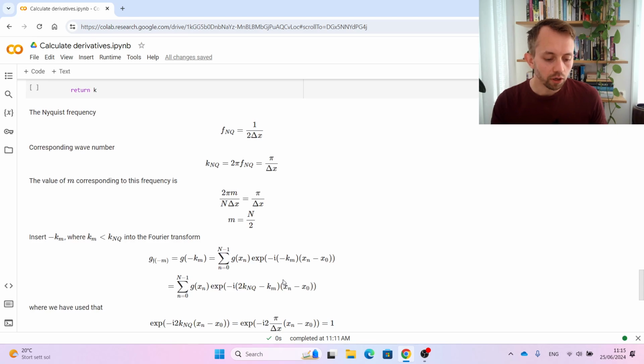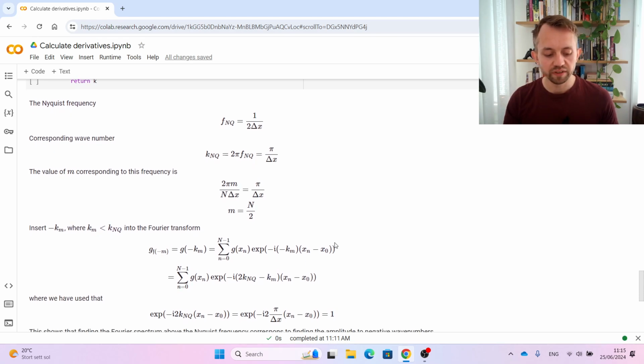And what I will argue now is that this is actually the same as looking at a wave number that is beyond the Nyquist wave number, but not all the way up to 2 times that. So I'm going to argue that this is the same as looking at the component that corresponds to 2k_nq minus km.